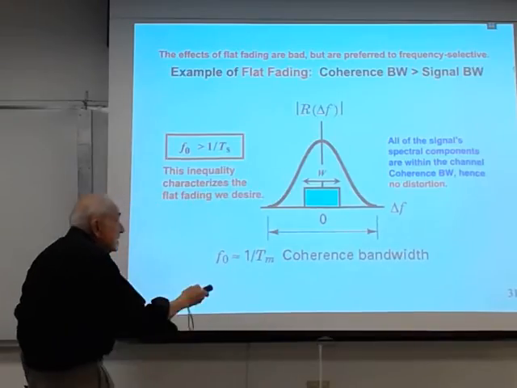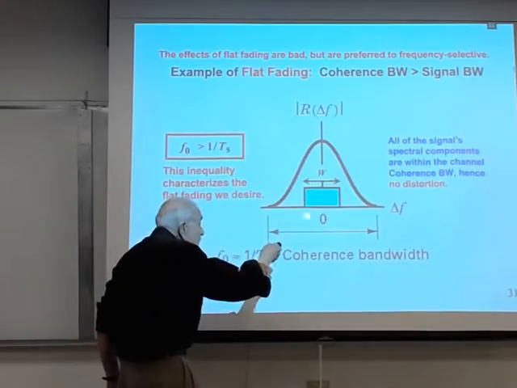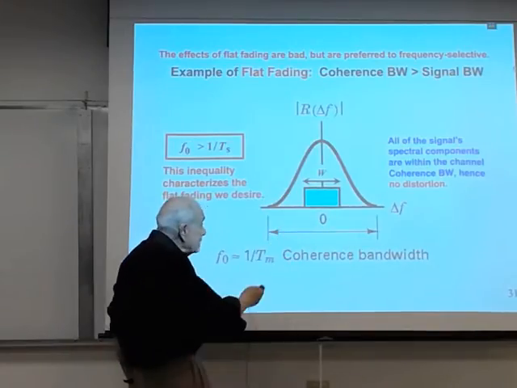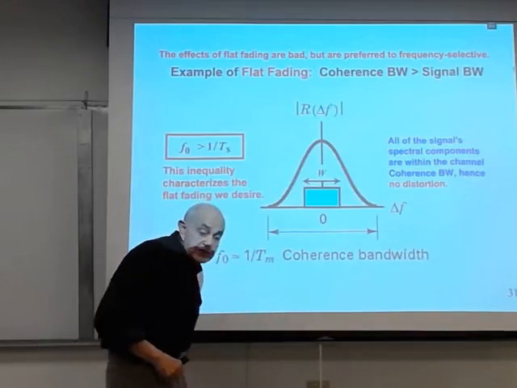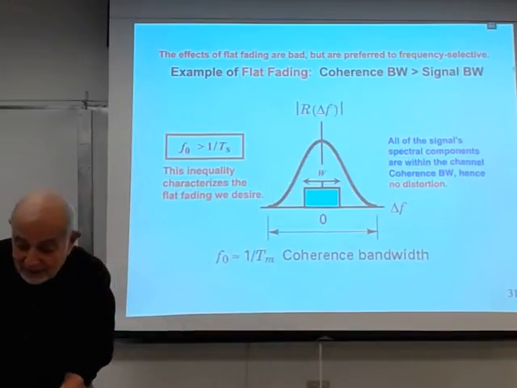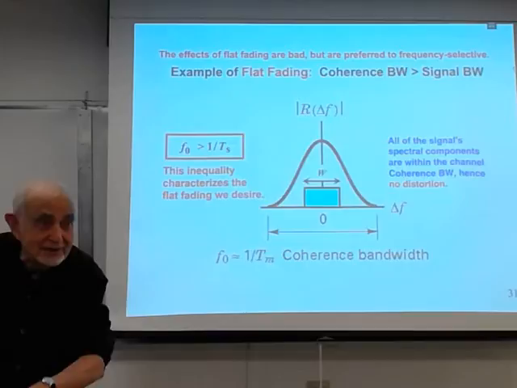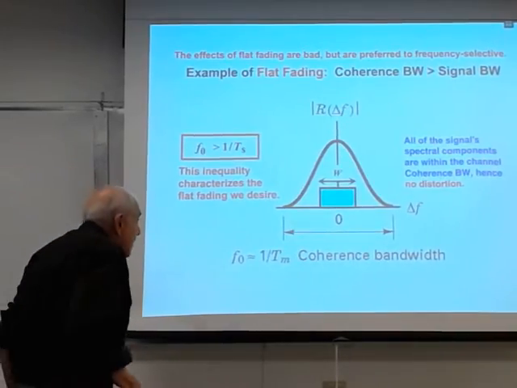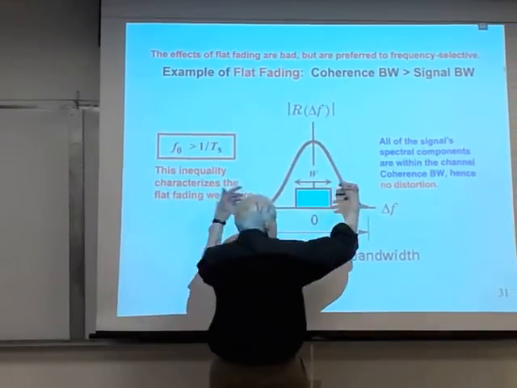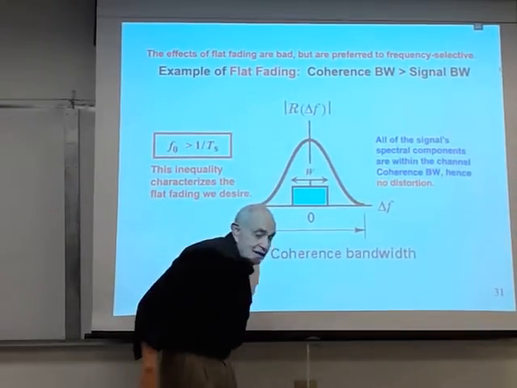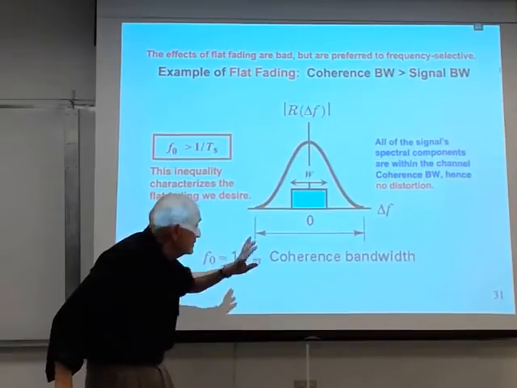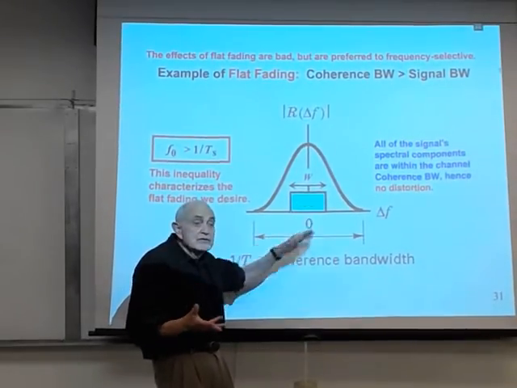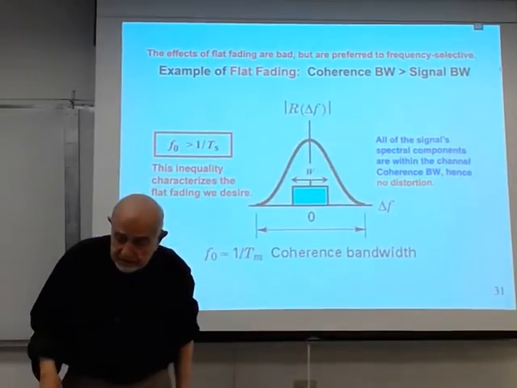And that means that every one of the spectral lines is going to be treated in the same manner. And when I say same manner, I typically mean in most cases they're either fading or they're not fading, or somewhere in between, but a similar manner. And so there's nothing that falls outside of here that we're saying happens independently. So this is frequency non-selective fading, and that's the name given to flat fading when it's non-selective.